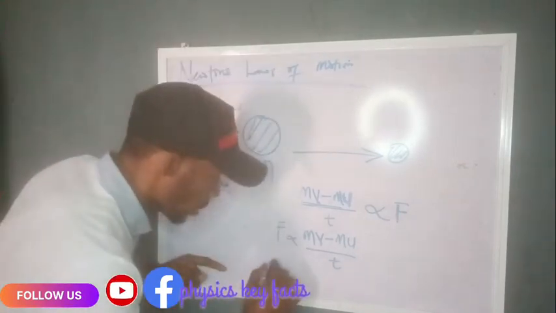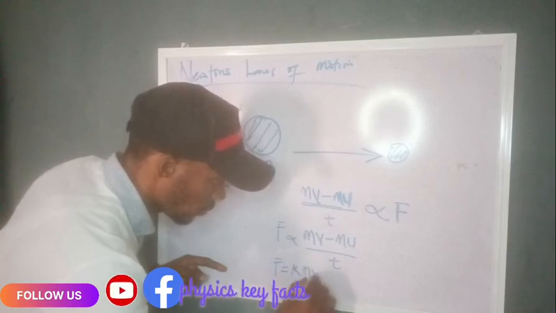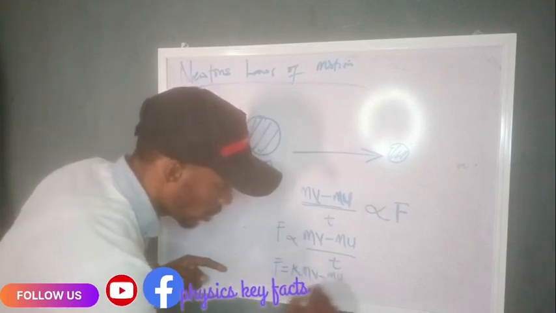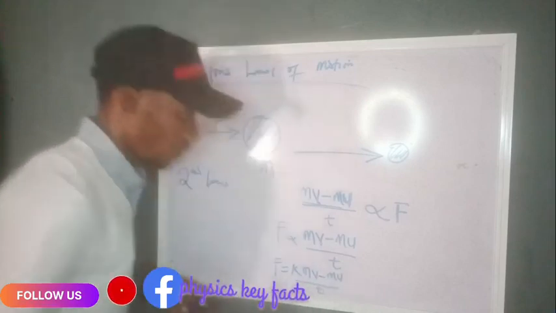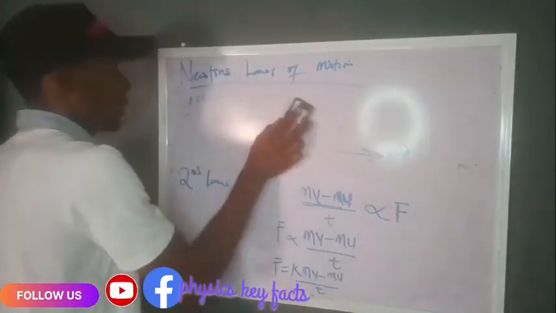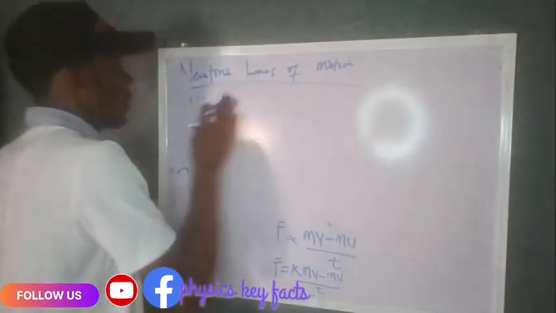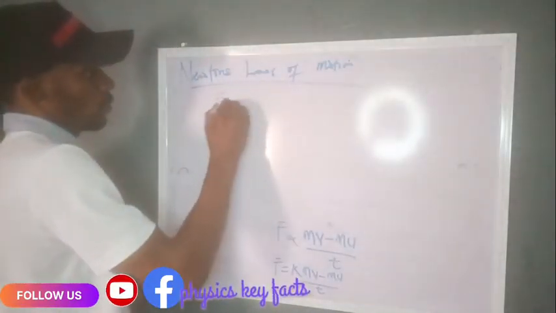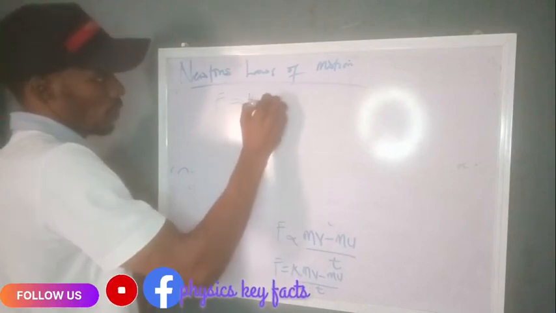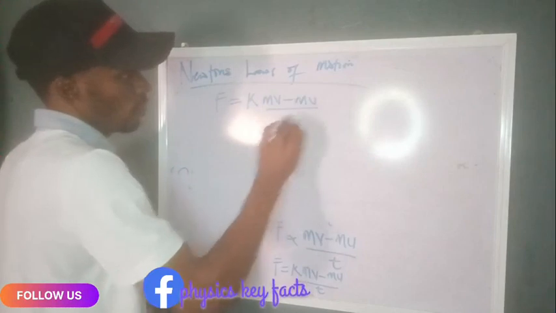So I say F is equal to k mv minus mu all over t. So this formula can be written as force equals k mv minus mu all over t.